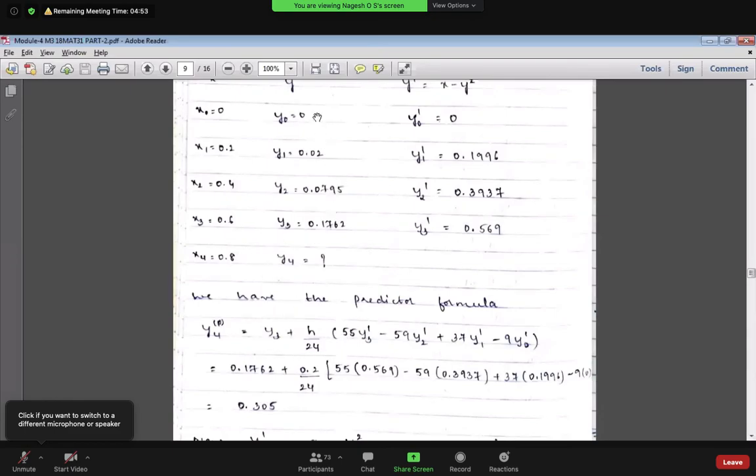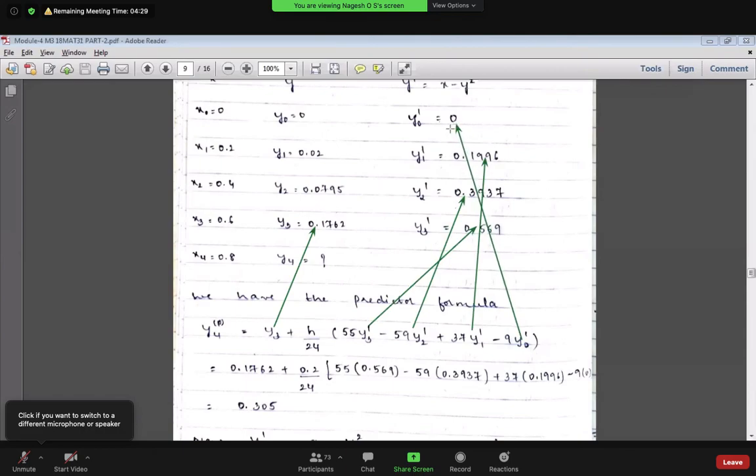You have all the data, y3 dash, y2 dash, y1 dash, y0 dash. Substitute all the values, you get y4 of p.